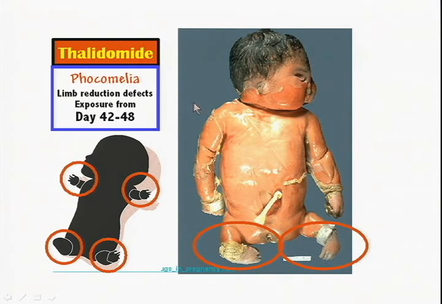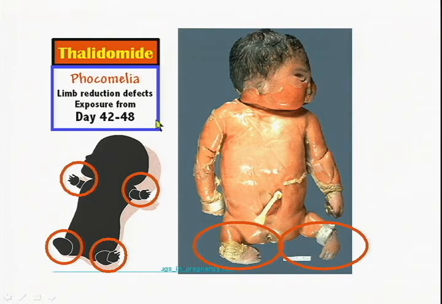It was used widely in Europe, but it was not allowed in the United States, and that was fortunate. The interesting thing about thalidomide was that the teratogenic effect was only between day 42 and 48. There was a narrow window of time, and if the exposure occurred either before or after, there would be no impact. It's an excellent drug, but during these critical periods of time, it led to major risks.